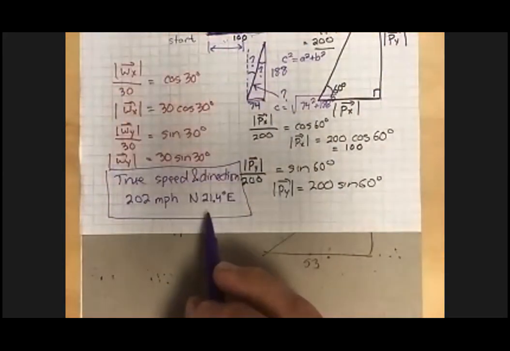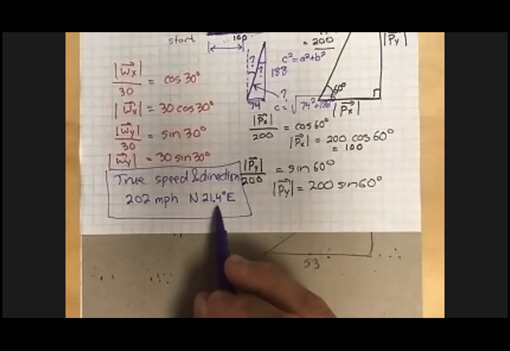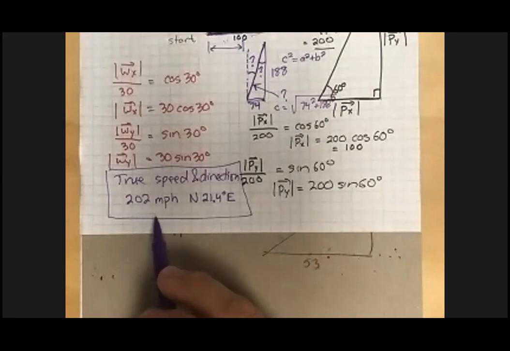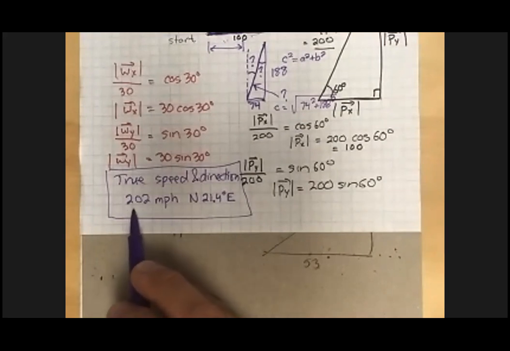Okay, so what's going on? No, the pilot is not going 30 degrees east to north. The pilot's actually going 21.4 degrees east to north. And how fast is her plane traveling? Not 200 miles per hour. That's what the engines are telling her. But relative to the ground, she's actually doing 202 miles per hour.